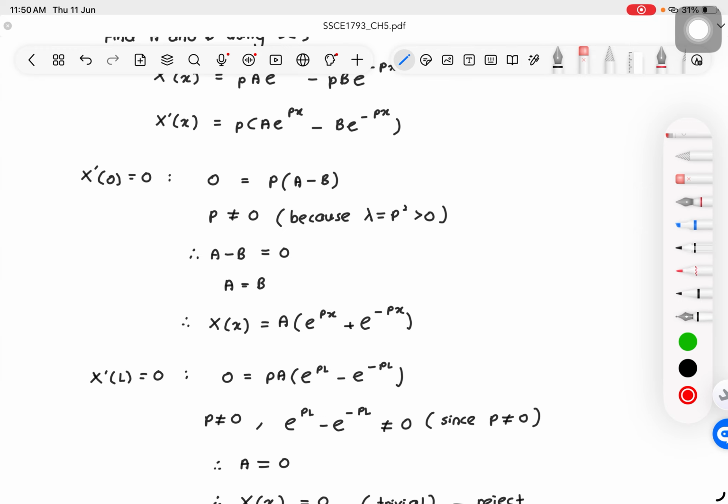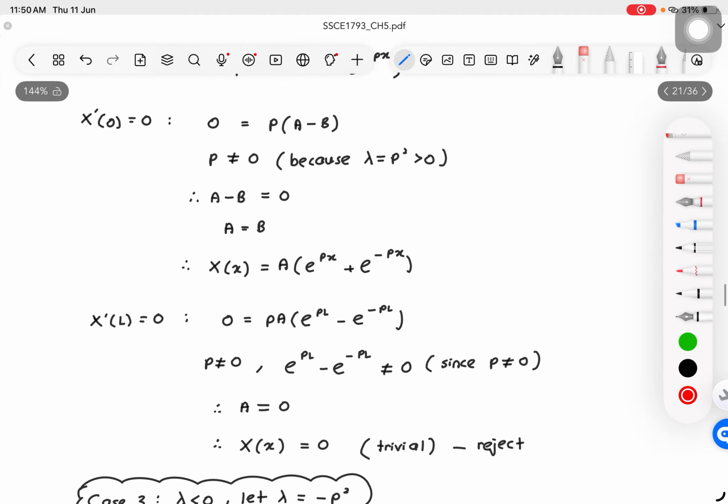And then exponent minus exponent will never be equal to 0, since your P is not equal to 0. So the term that will be equal to 0 is your A, meaning that A is equal to 0.